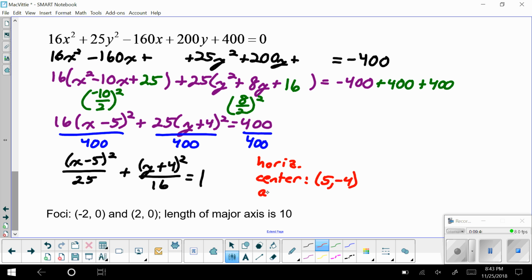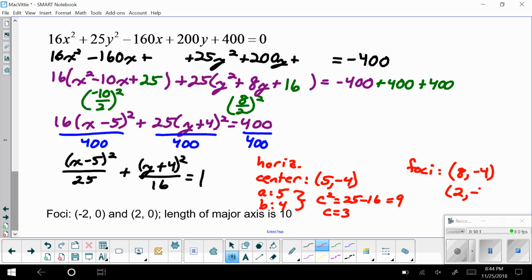So that means A is going to be 5, B is 4, and C, which I need for the foci, well, C squared is going to be 25 minus 16, which is 9. So C is 3. Because it's horizontal, that means I'm moving left and right from the center. So my foci, if I move to the right, that's going to be 8, -4. If I move to the left, that's going to be 2, -4.